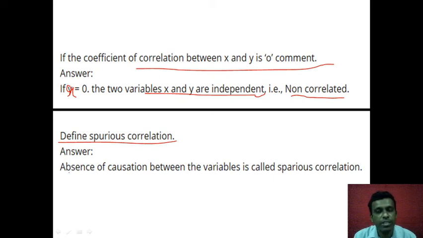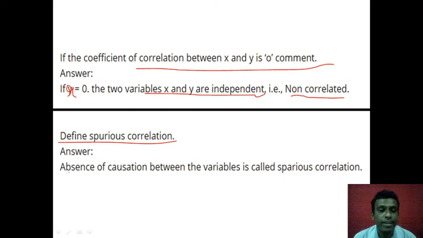For example, the population of India and the number of gold medals that India wins in some tournament, are they related? Well, they are not related. Population cannot be directly associated with the number of medals that India is winning, but it is happening: population is increasing and we are also winning more medals in international sports.